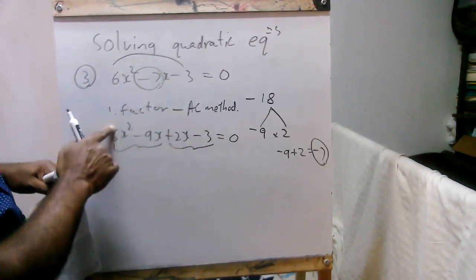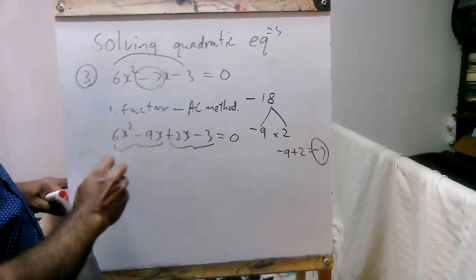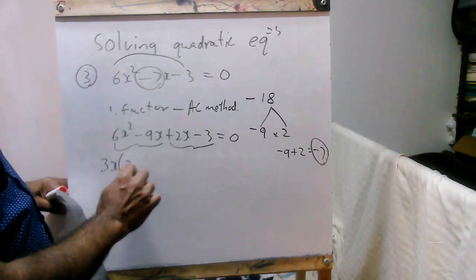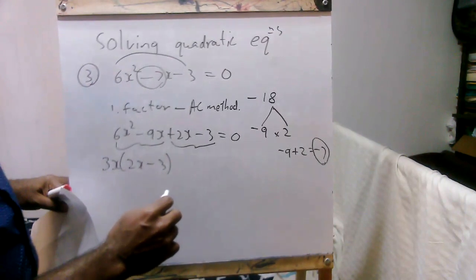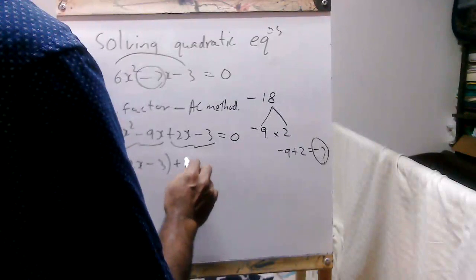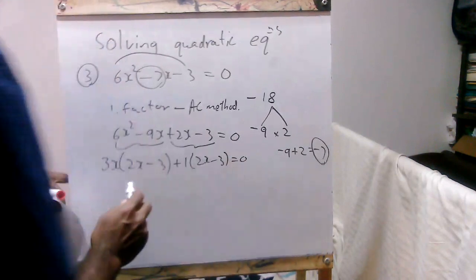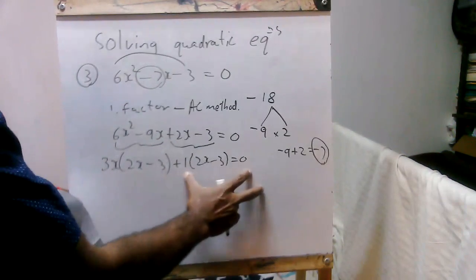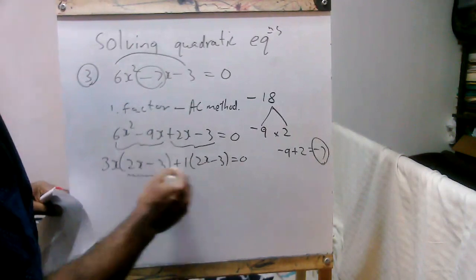These two, 6x squared and 9x, what's common? We can divide both by 3, both by x. 3x times 2x minus 3. From these two we can take out 1. Then 2x minus 3 equals 0. Now we have two terms, and for both terms we see this part is common.